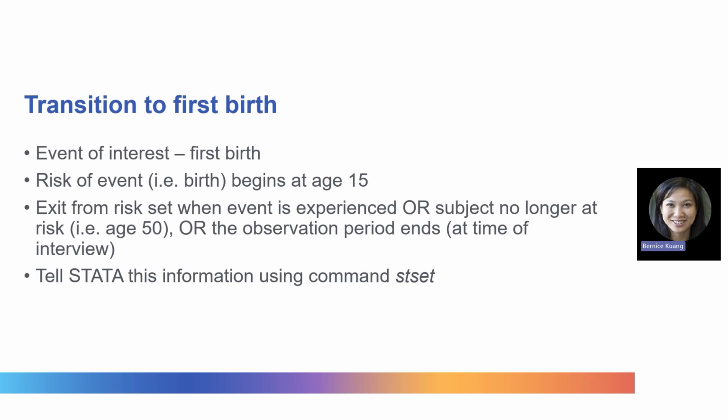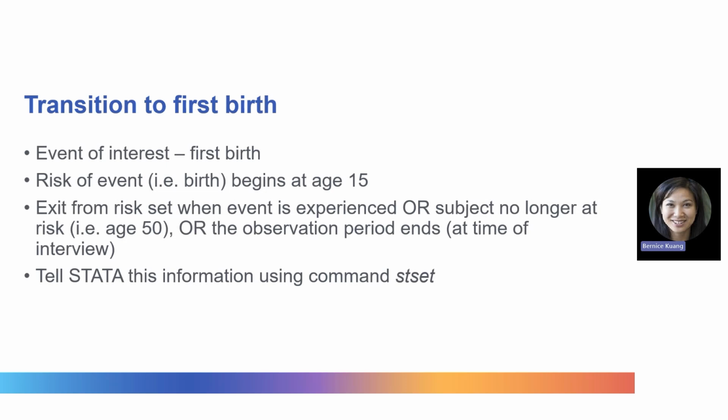The person then exits the risk set, which means they are no longer at risk, when they either experience the event, so when they give birth, or when they are no longer at risk anymore. For example, for women, this could be when they turn 50 and are very unlikely to have a biological child, or when the observation period ends, which is the time of interview.